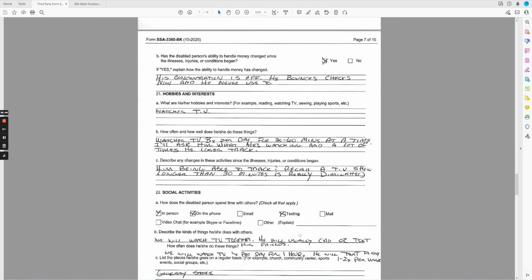Okay, and now we go down to hobbies and interests. Watching TV. I think you have to raise an eyebrow or think about what hobbies your friend, family member, or the disabled person is doing. If one of the hobbies is running, jogging, or working out, that's going to raise an eyebrow.